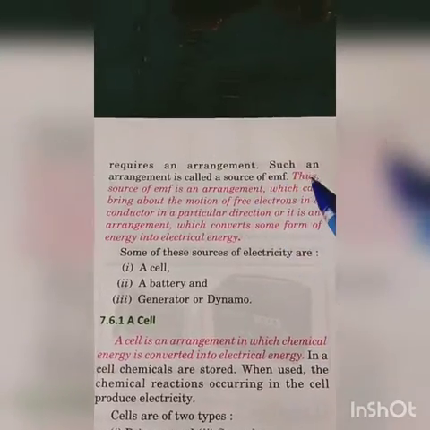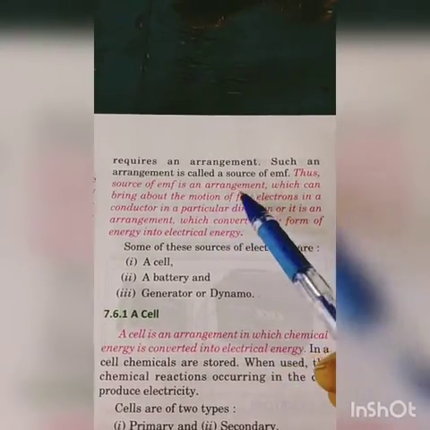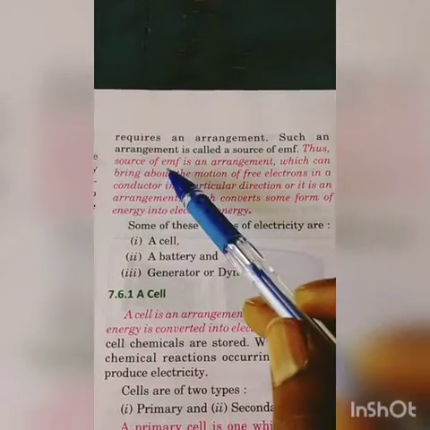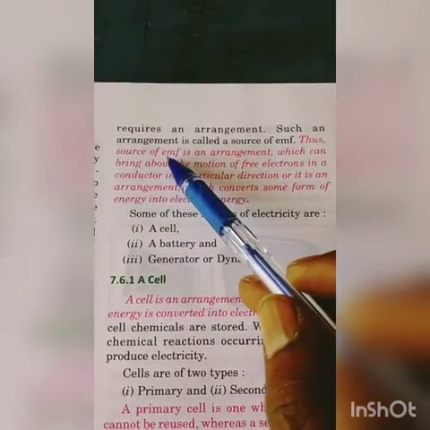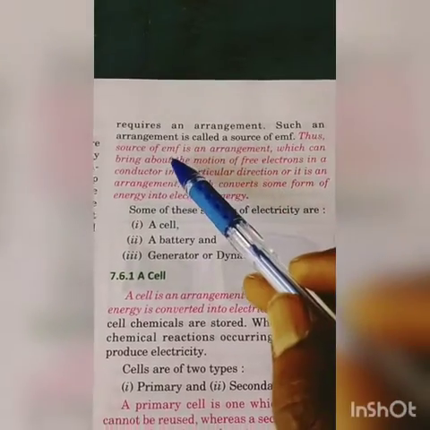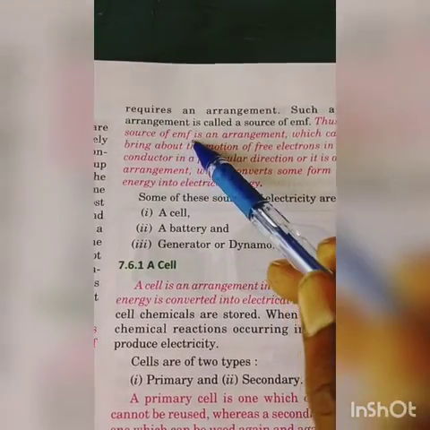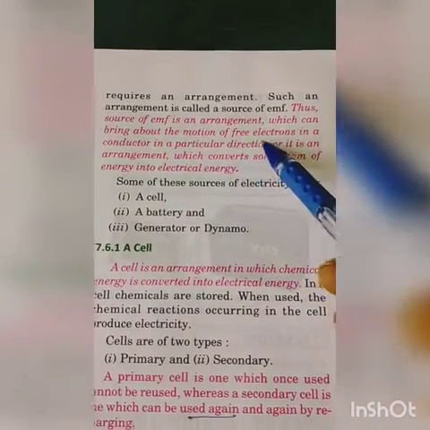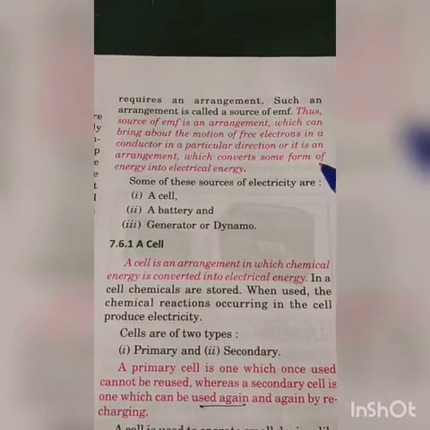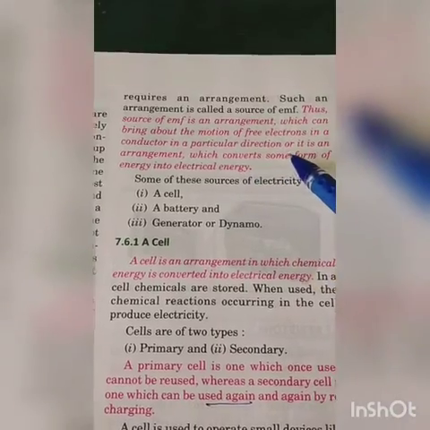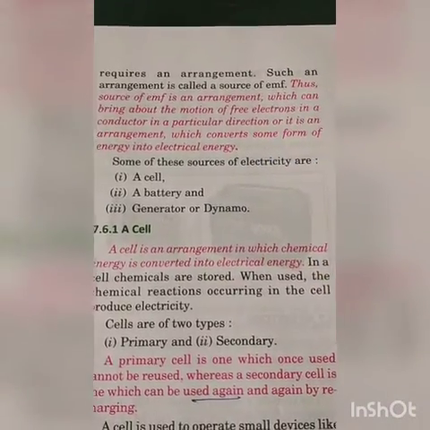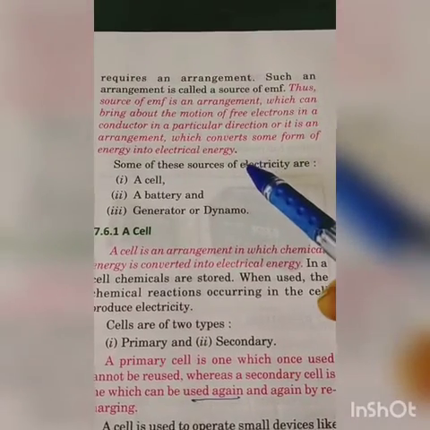Actually, a source is an arrangement which brings a force, that is EMF, electromotive force, which pushes the electrons. It sets the direction of free electrons, and current starts flowing because of that force.